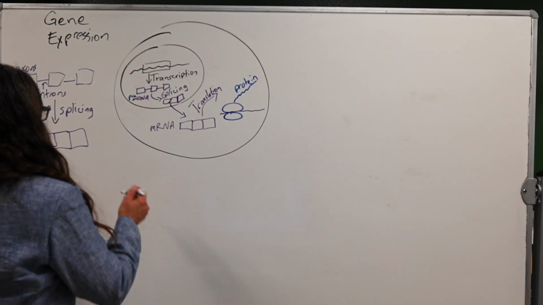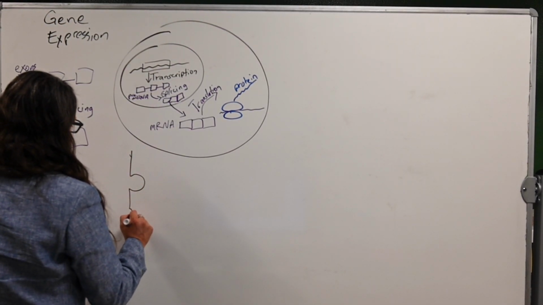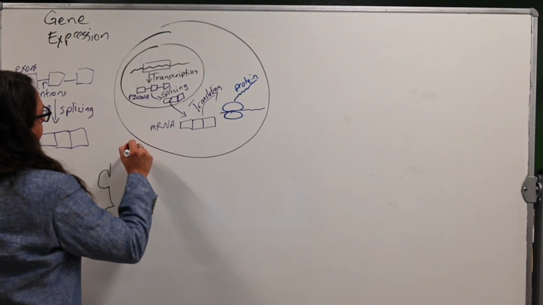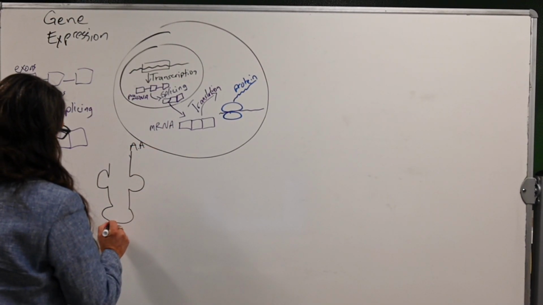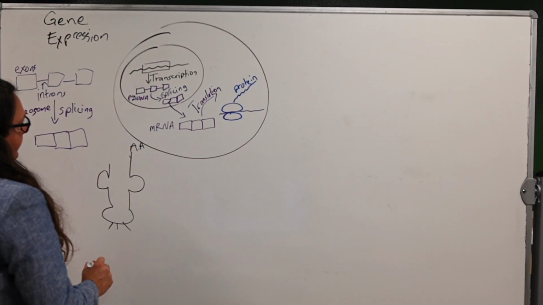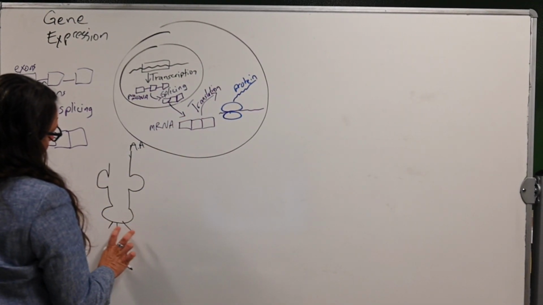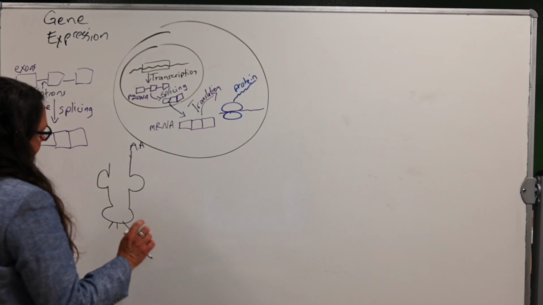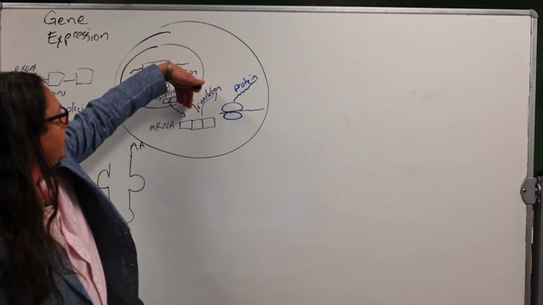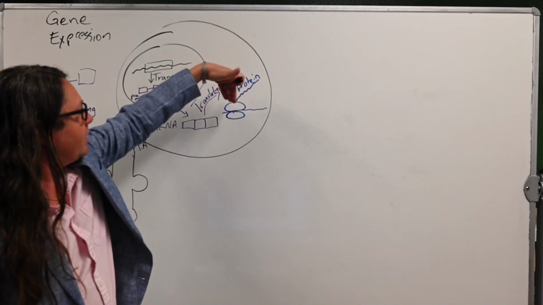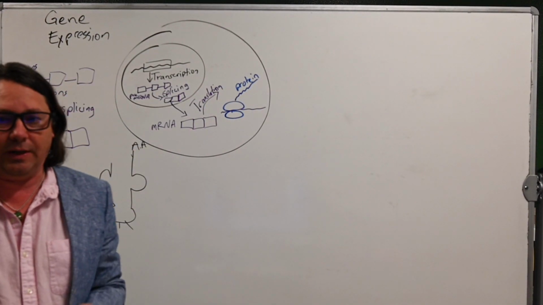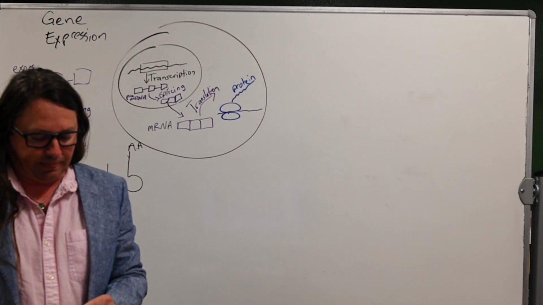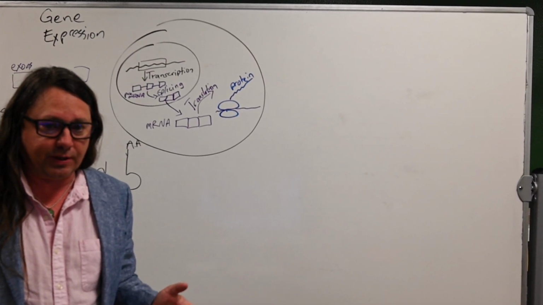Exactly. So remember, the tRNA has the amino acid at one part and the anticodon below, right? So for AUG, you would have UAC, right? So that anticodon would base pair with the codon and bring in the proper amino acid. Okay, so that's how it's happening in our cells.